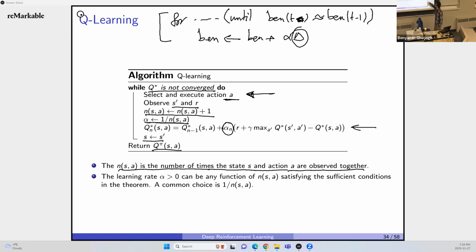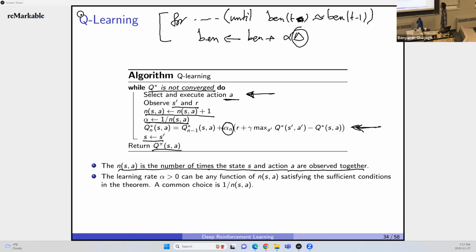Because one more time we saw state S and action A together, right? And alpha becomes 1 over N of S,A, right? And this is a temporal difference equation for Q, right? And then we set S to S prime, meaning that we go to the next state, right? And we do it until Q star converges, until it becomes converged.